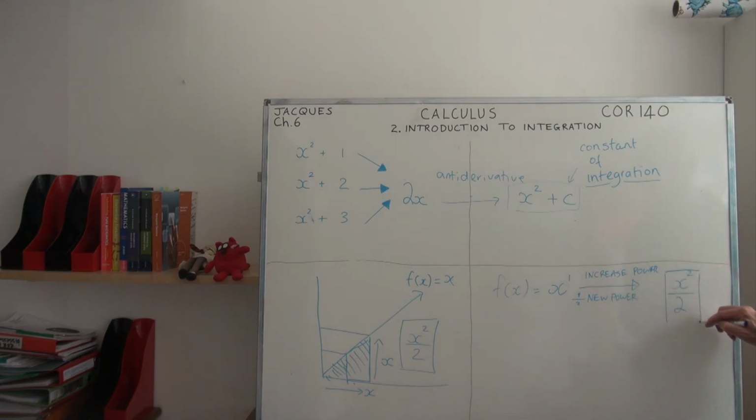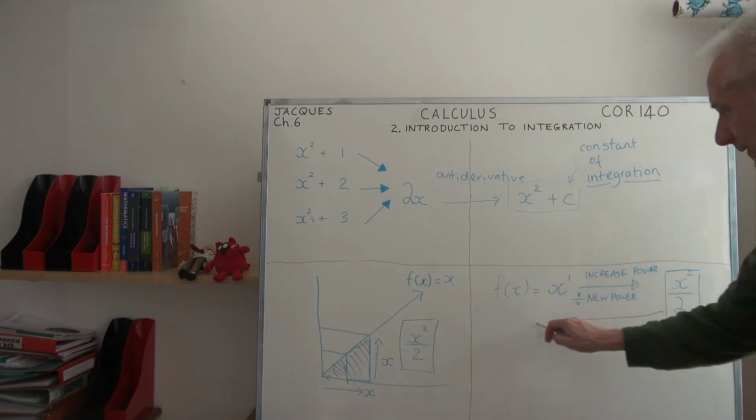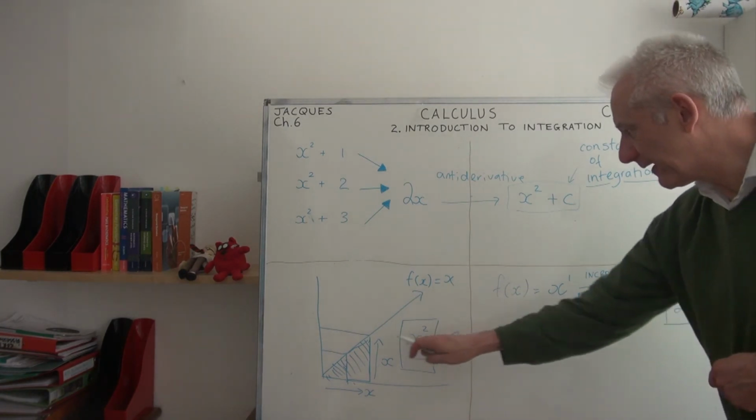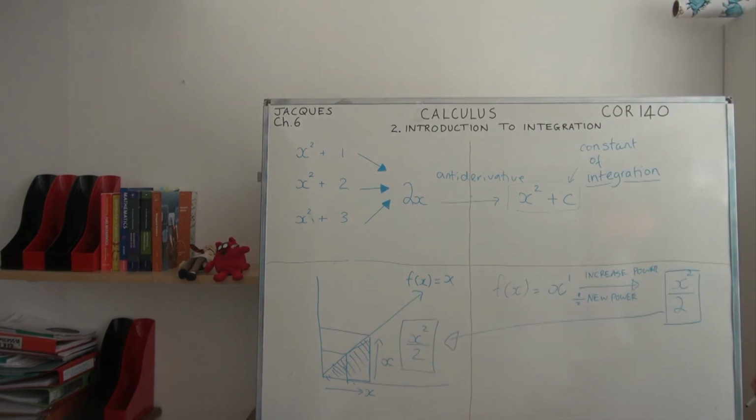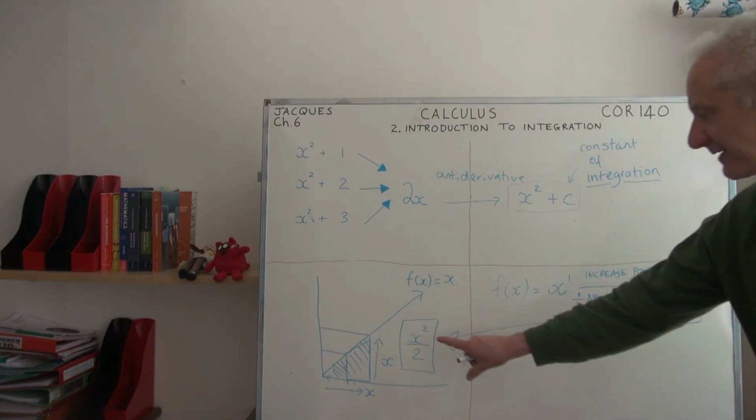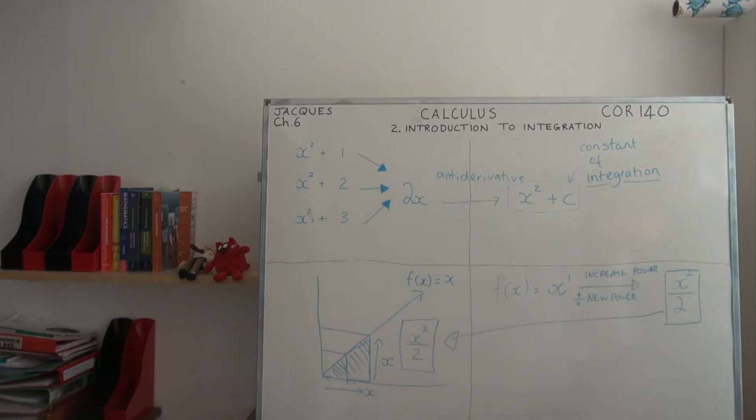And there, very quickly, you should see the connection between the antiderivative and the area underneath a function as x changes. That is an extraordinary, powerful piece of mathematics.